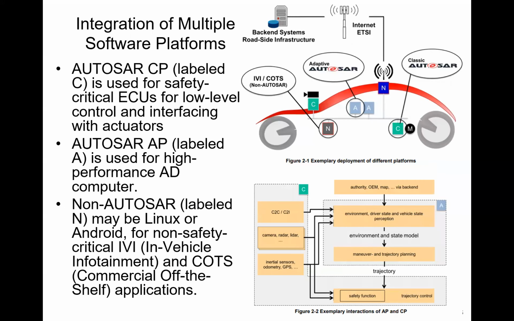So AUTOSAR Classic and AUTOSAR Adaptive are not mutually exclusive. They are intended to coexist in a vehicle. So AUTOSAR CP is used for safety-critical ECUs for low-level control and interfacing with actuators, whereas AUTOSAR AP is used for the high-performance AD computer, autonomous driving computer.